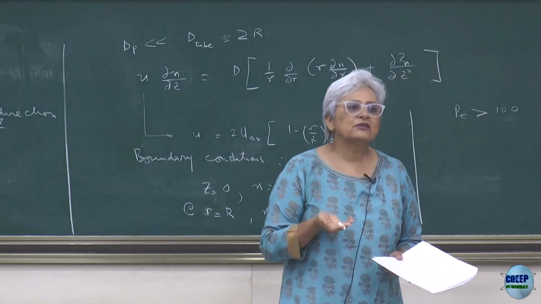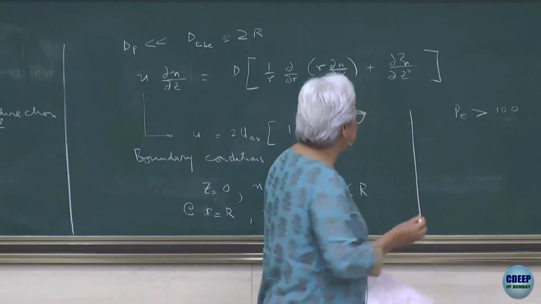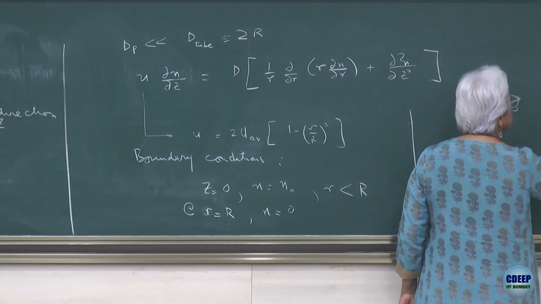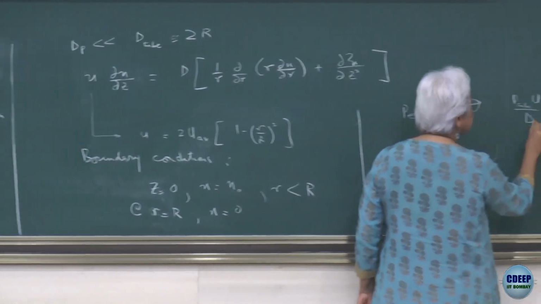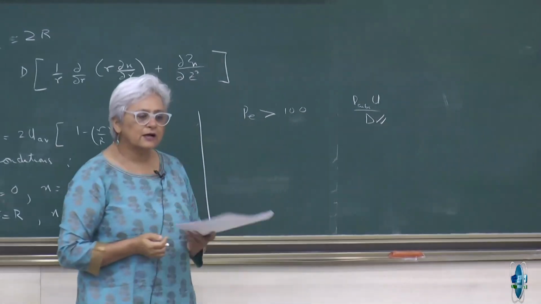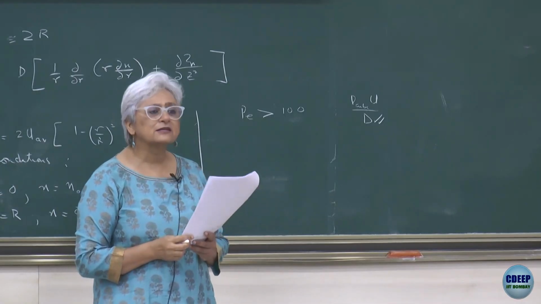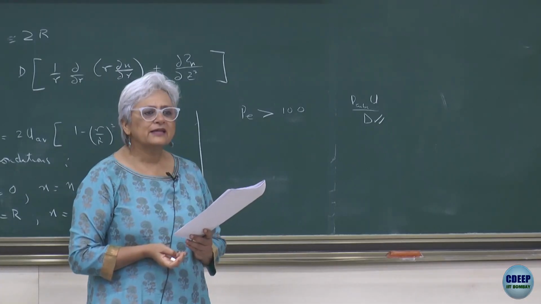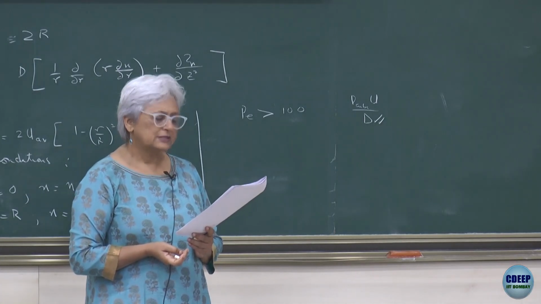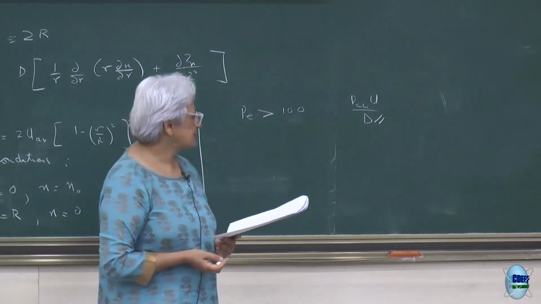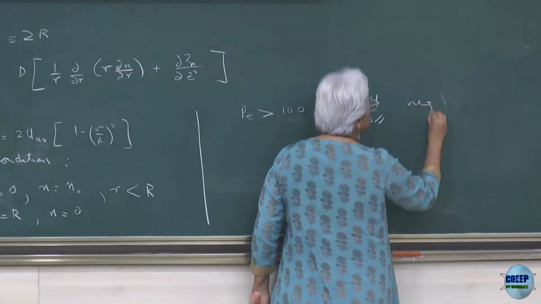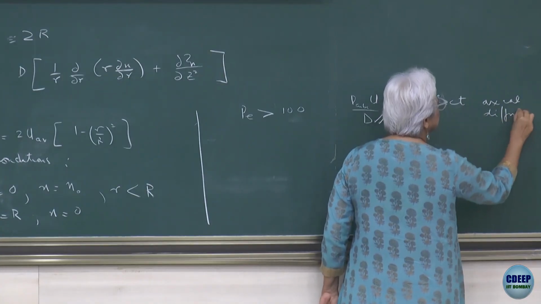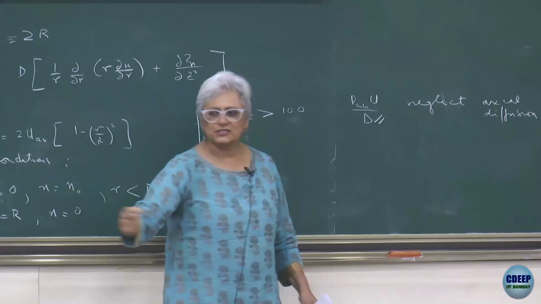Where you have large Peclet numbers, you can neglect diffusion in the axial direction, in that it is just the flow that is going to carry the particles.